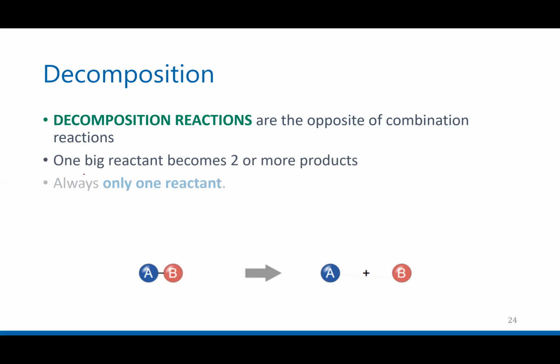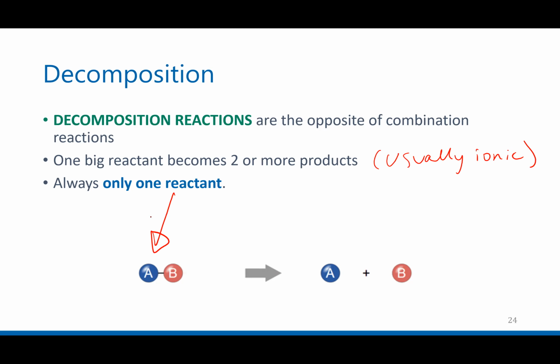So typically for a decomposition reaction, you have one big reactant. Typically it's an ionic compound. So usually ionic. For this course, not in real life, but for chemistry 1120, it's usually ionic. And there's always only one reactant. That's how you can tell if it's a decomposition reaction.